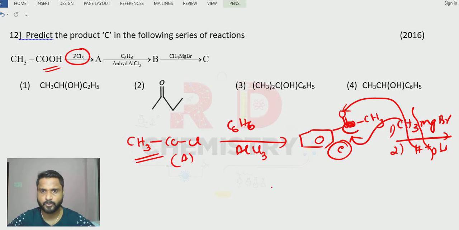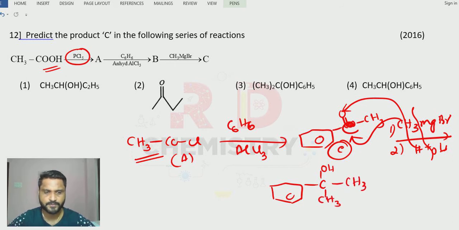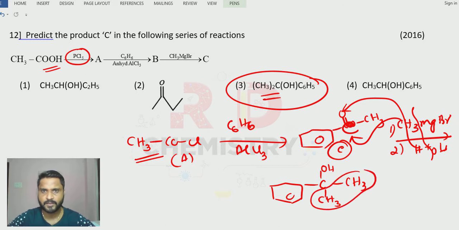So finally we are going to get a benzene ring attached to C-OH, then CH3 and CH3. Correct? So what is the answer? Answer is option number 3, right? CH3 twice is given, and the C-OH is attached to benzene. Clear?